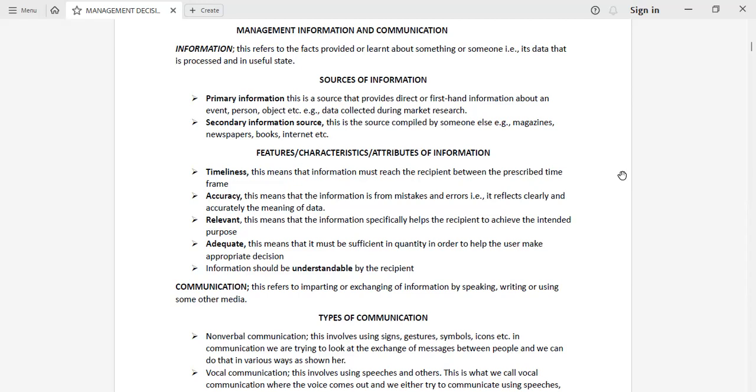Another example of timeliness is in the sense of these same newspapers. It is very hard for newspaper vendors to sell you newspapers of yesterday and give you that news as if it is the news for today.